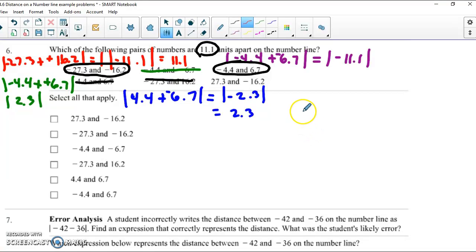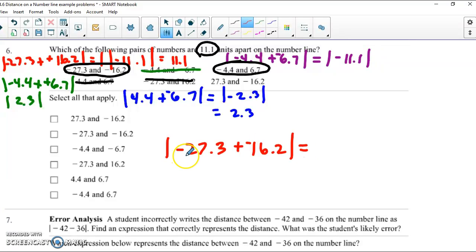So I'm taking the absolute value of -27.3 minus 16.2. Since I'm subtracting with negatives, I'm going to go ahead and do same, change, change. So -27 3/10 stays the same. I change the minus to a plus, and I change positive 16.2 to negative 16.2.